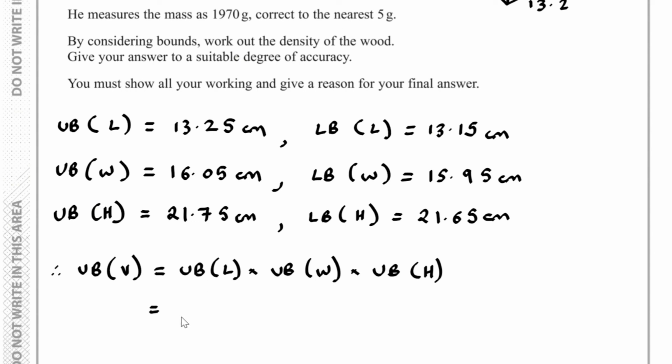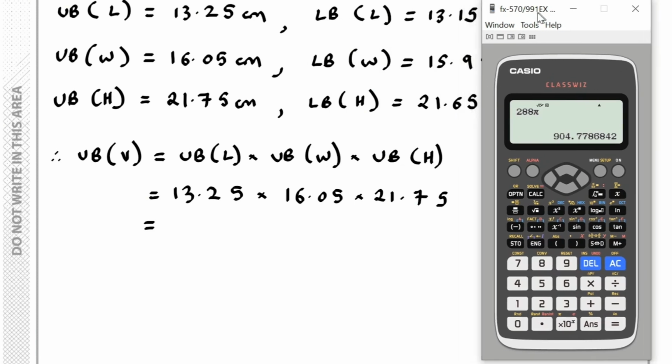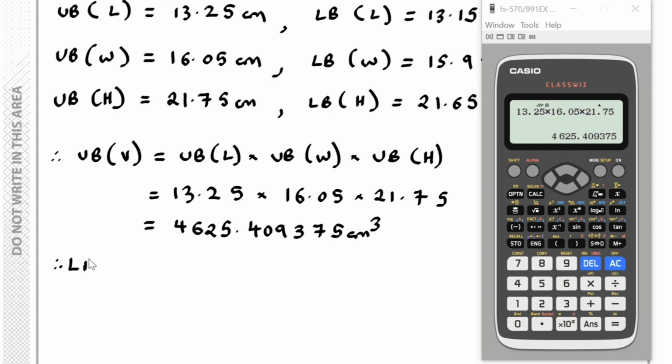So I have here 13.25 times 16.05 times 21.75, and if we work this out, we have 4,625.409375 centimeters cubed.